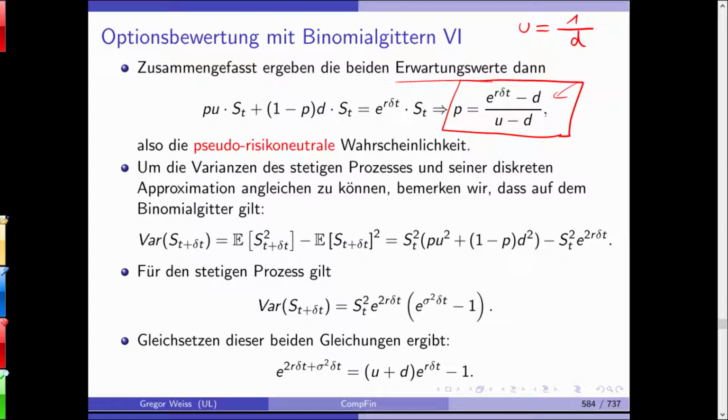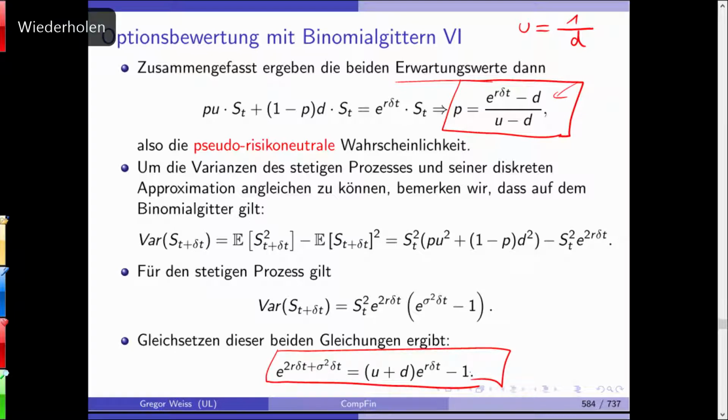What you need to remember is that you're trying to approximate the geometric Brownian motion with a very simple discrete lattice, and you require expected value and variance to be equal for both the geometric Brownian motion and the binomial lattice process. If you set it equal, you will get this here. Looks awful.